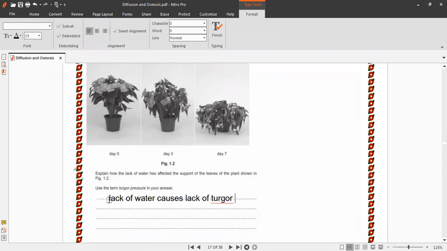Yes, turgor pressure. At the end of the week, there is no longer a push against the cell wall.